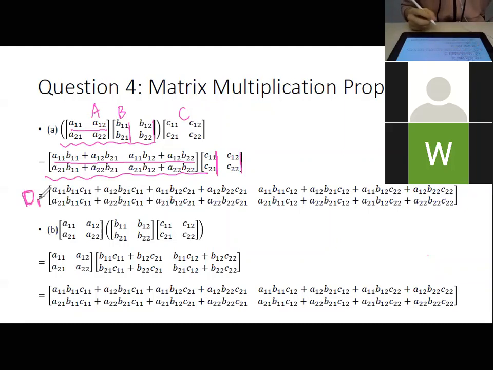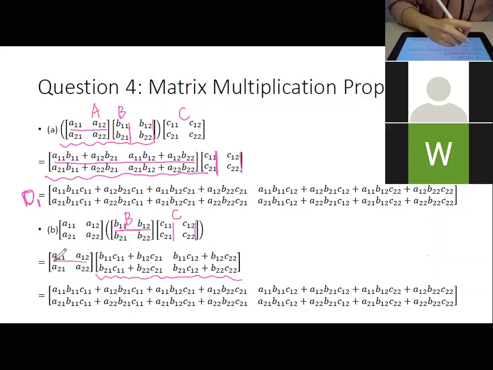And now we move to question B. For question B, we need to calculate B and C first. Again, we use the first row times the first column, the first row times the second column, and we can get this big matrix. And then we use the matrix A to do matrix multiplication with the big matrix.